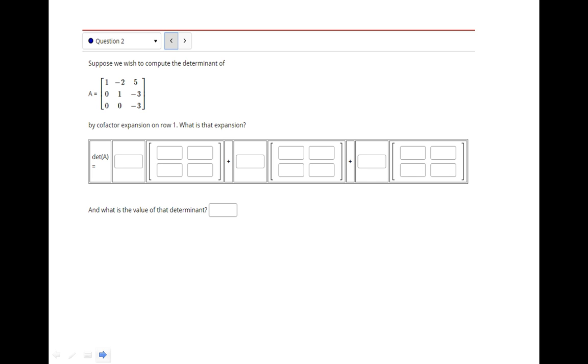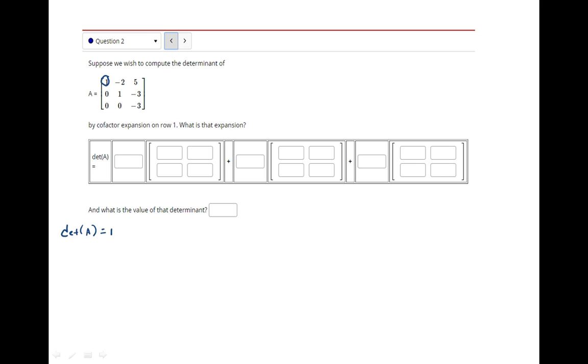Okay, so suppose we wish to compute the determinant of this 3 by 3 matrix by cofactor expansion on row 1. So sometimes they'll ask you to do it by row 2 or row 3. Okay, so we're going to do it by row 1. So what you'll do here, so the determinant of A is going to equal, it'll be 1, because we're going to use this row 1. So it's going to be 1.